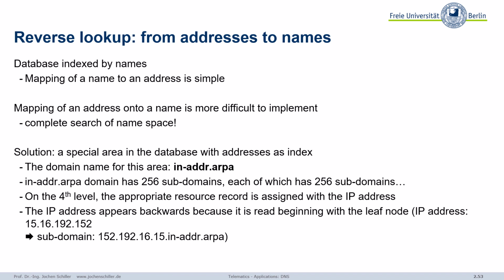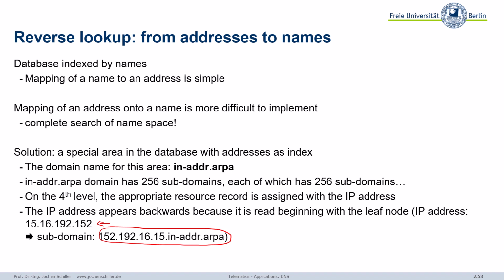And we read the whole address backwards. How does this work? With the help of the next slide, you will understand that the computer with the IP address shown here, this 15.16.109, whatever, is stored here in this subdomain.